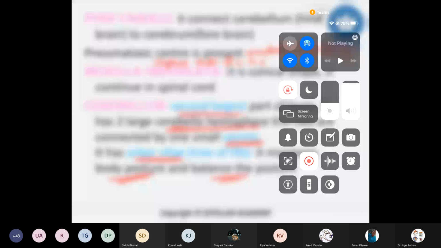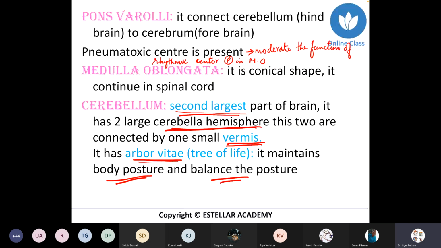Sorry, cerebellum. It's black. Now, Pratisha, can you see? Okay, write down quickly.